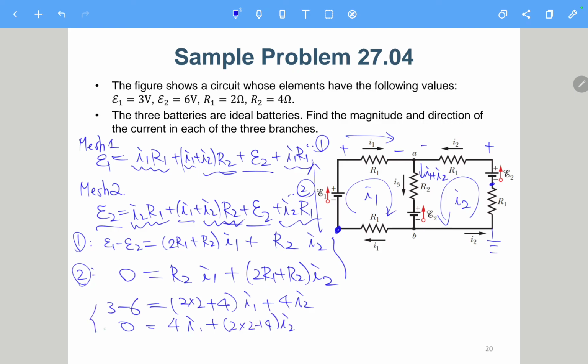So in that case, we have 8 I1 plus 4 I2 equals negative 3, and 4 I1 plus 8 I2 equals 0. Then I1 equals negative 0.5, and I2 equals 0.25.